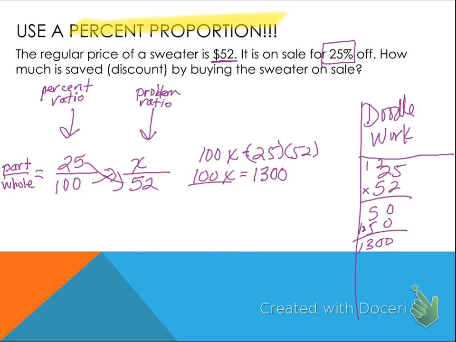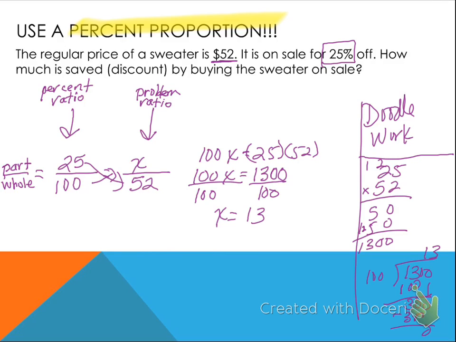And then my next step is to divide, which I represent as a fraction as I'm working down my page. And then I would take my 1,300 and divide it by 100. And there we go. We end up that x equals 13.